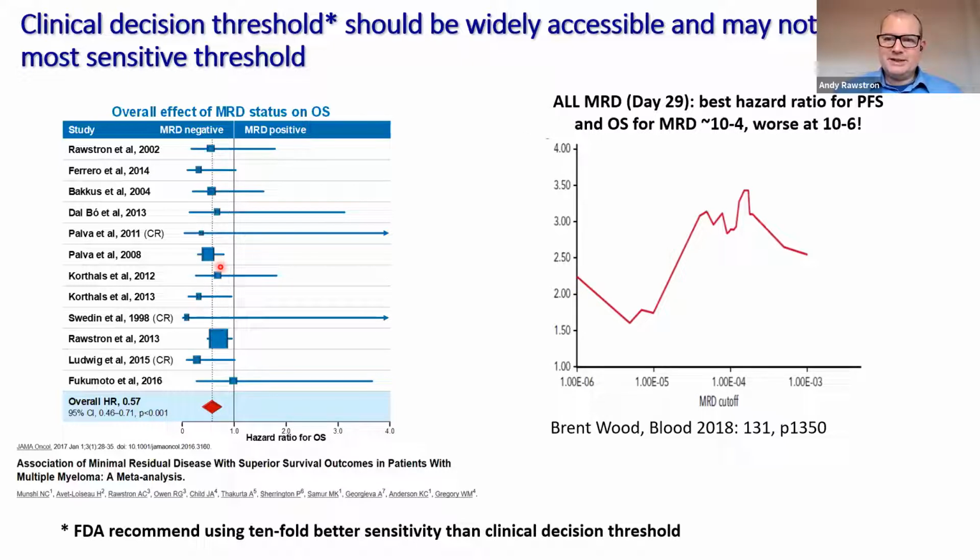Whereas if you look at a higher threshold, like 1 in 10 to the 4 or 1% even, the patients who are positive do very, very badly, but the patients who are under that threshold do better, but still do quite badly. So your relative benefit is fairly similar across the different thresholds. And this study from Brentwood looking in ALL suggests that at an early time point, at least, the best hazard ratio for PFS was 10 to the 4, and it was slightly worse at 1 in a million.